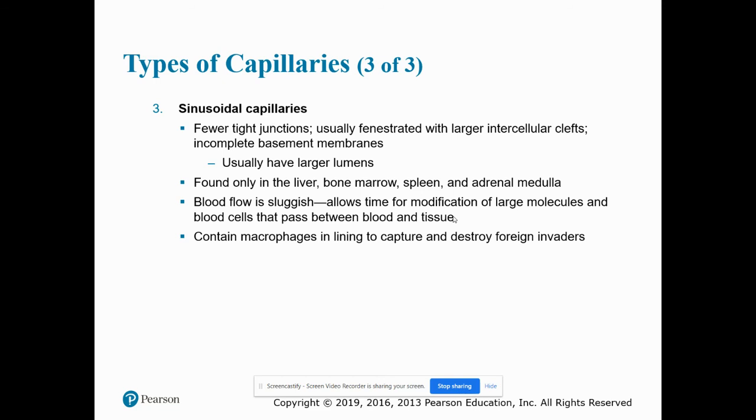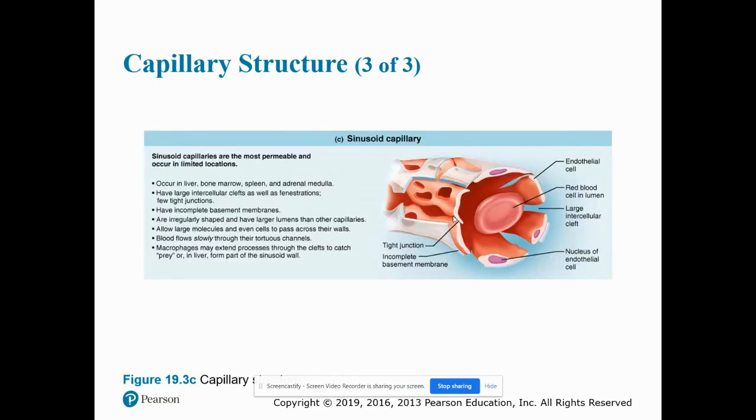They're found in the liver, bone marrow, spleen, and the adrenal medulla. These capillaries are very winding and the blood flow is sluggish. This allows time for modification of larger molecules and blood cells that pass between the blood and tissue. In addition, these types of capillaries have macrophages that capture and destroy foreign invaders.